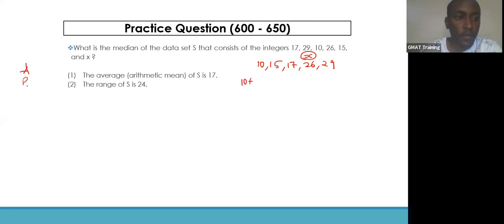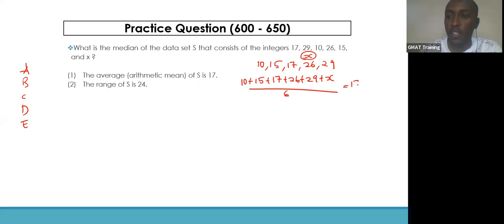Let's write the answer choices first. 10 plus 15 plus 17 plus 26 plus 29 plus X, all divided by 6 elements, equals 17. We can make this a total value so that we can have the addition. 10 plus 15 is 25, plus 17, plus 26 plus 29... We can continue calculating this, but as you can see, you can find the value of X with this in mind.